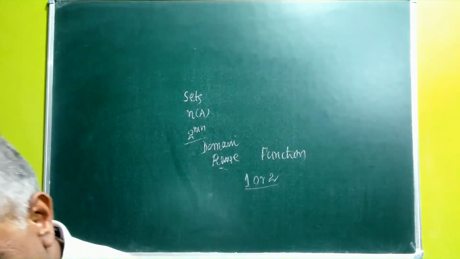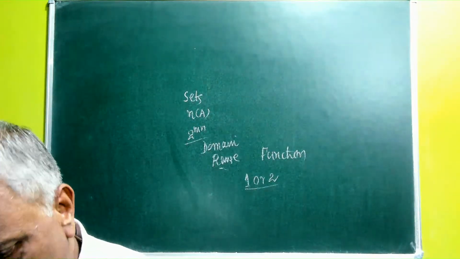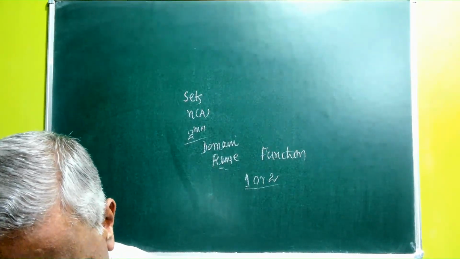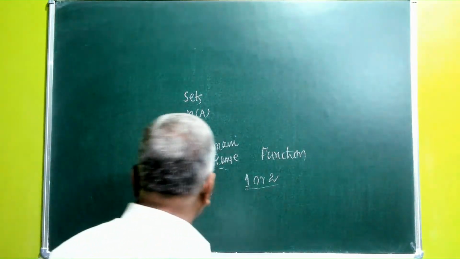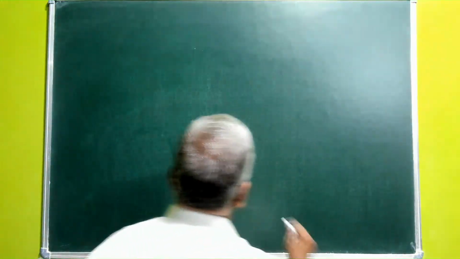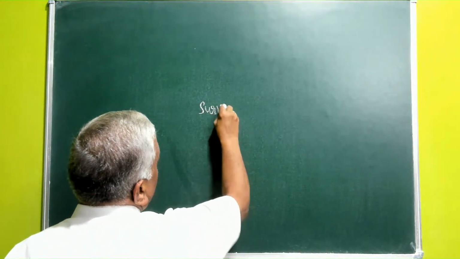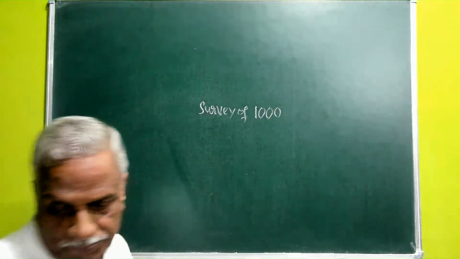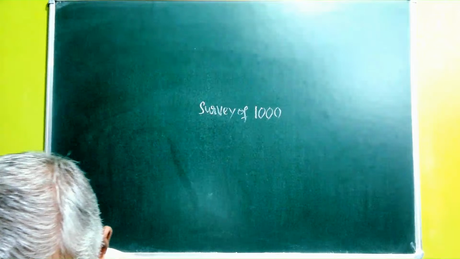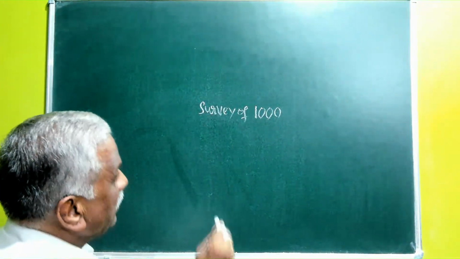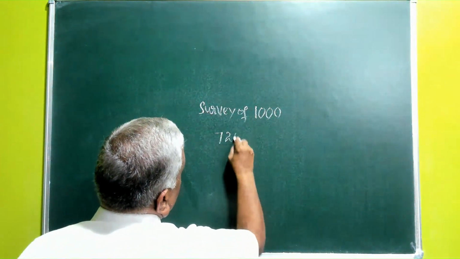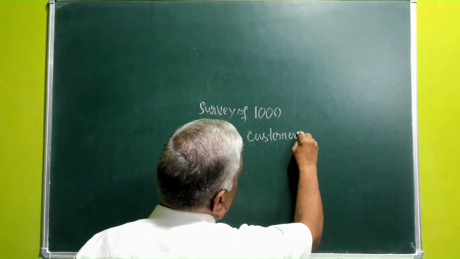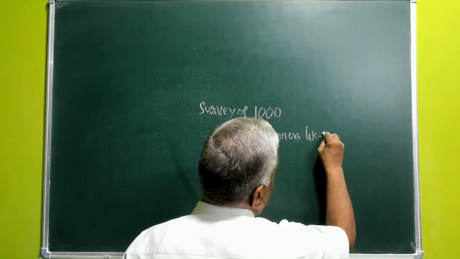And one particular year, there was an interesting question. Let me work that and then close the class. In a survey of 1,000 people, it is found that 720 customers like A product.